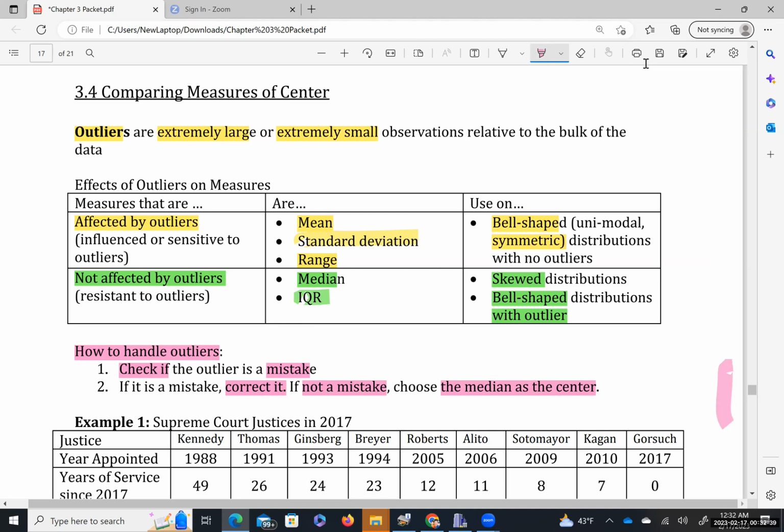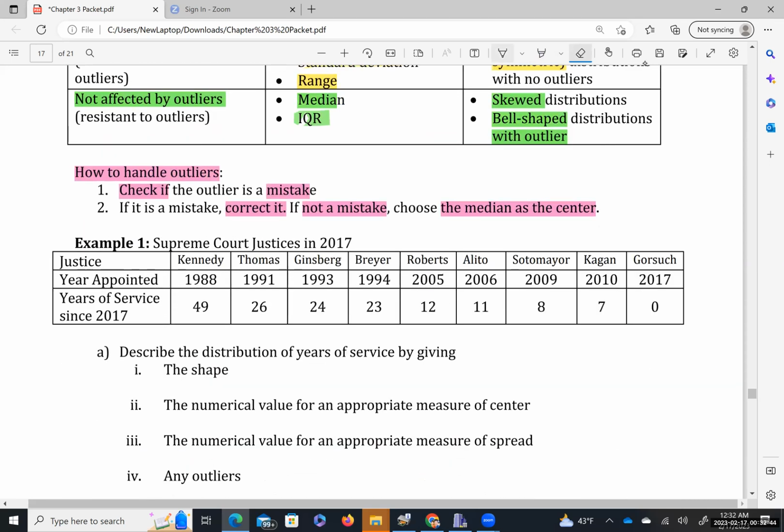So let's take a look at example 1 below here and see what happened. Here it is the Supreme Court justices in 2017, and you can take a look at the years appointed and the years of service in 2017. Most of them are around 0 to 20 something.